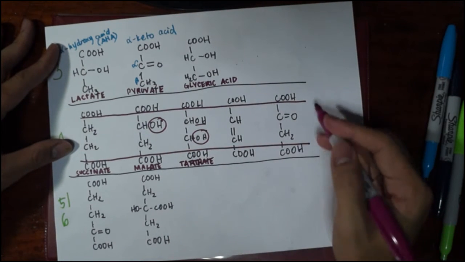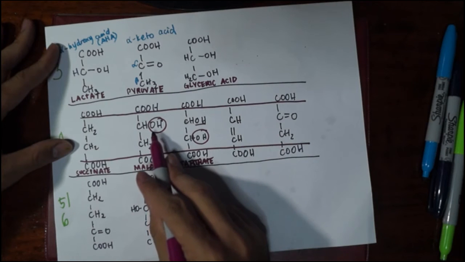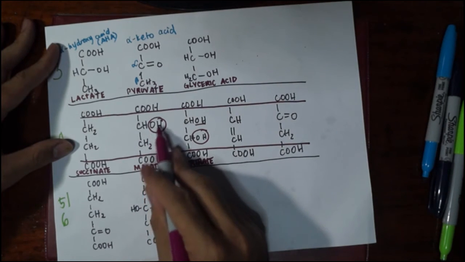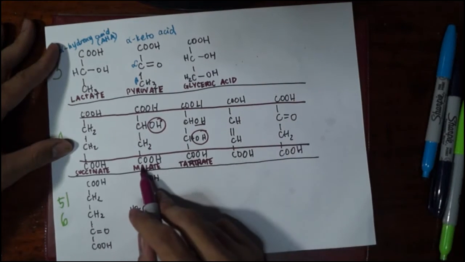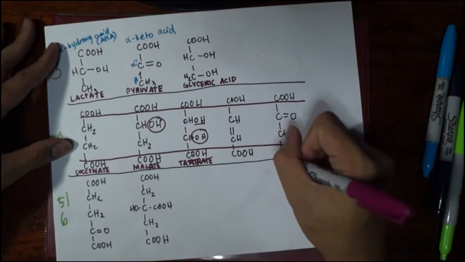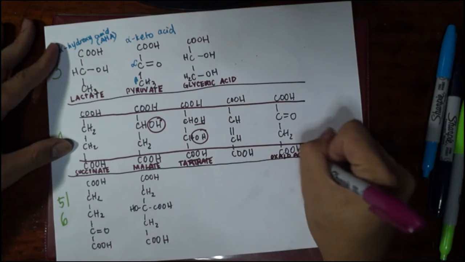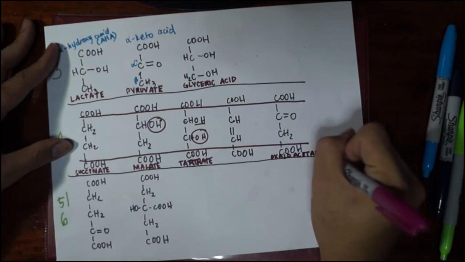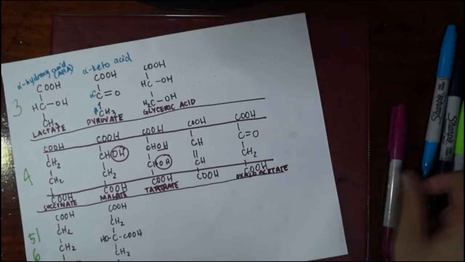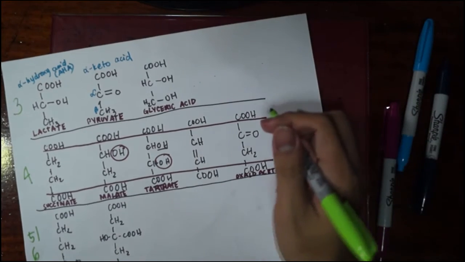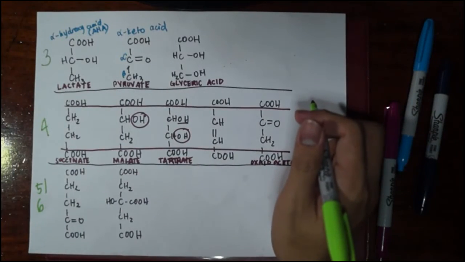Now if you have malate here, and you oxidize this to form a carbonyl group, the oxidized form of malate is known as oxaloacetate. Why is it named oxaloacetate? Just as a trivia, you may be interested.